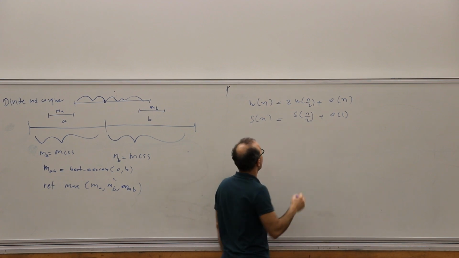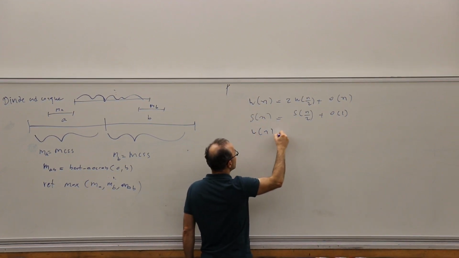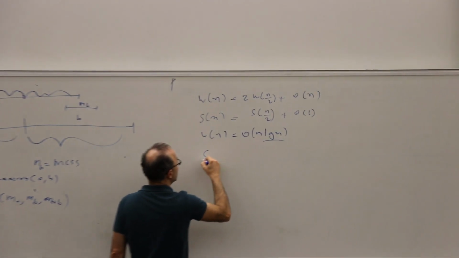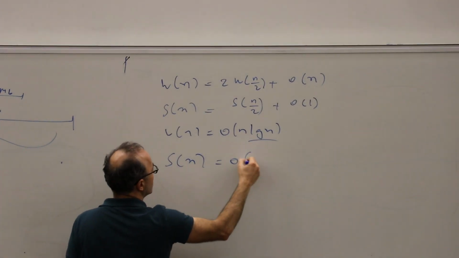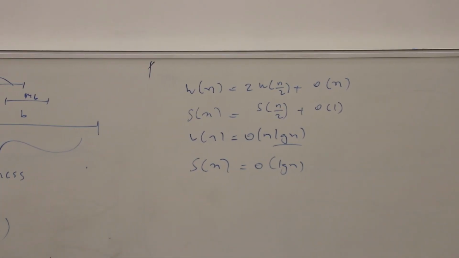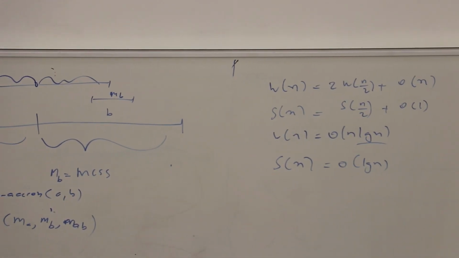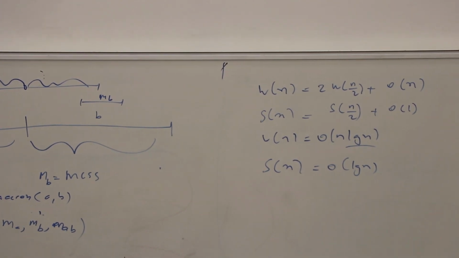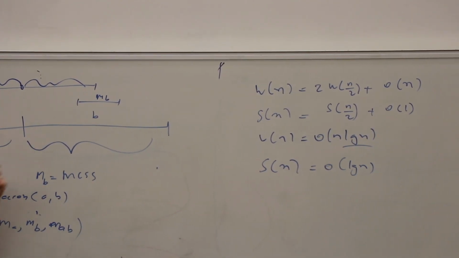So this gives us a work of order n log n, somewhat suboptimal, and a span of order log n. So it's good, but it does too much work. Why does it do too much work? Any intuition? Well, because of best across, right? Best across is actually taking us linear work.